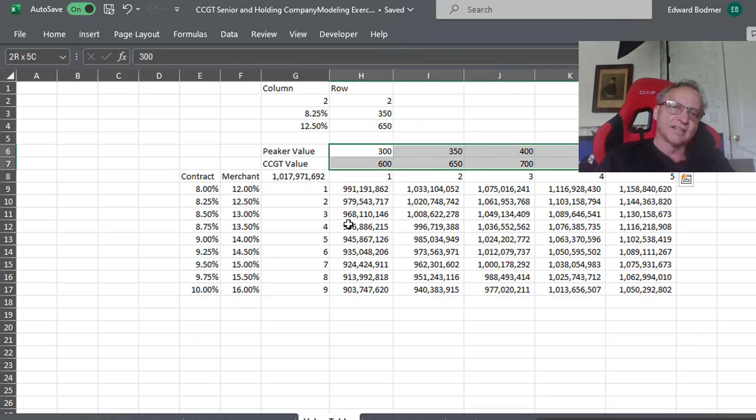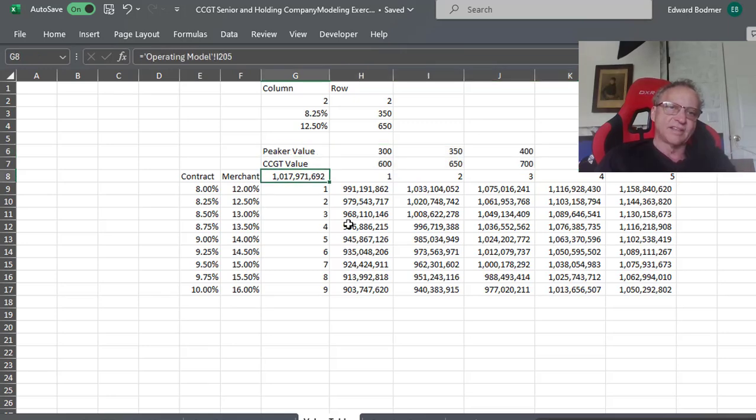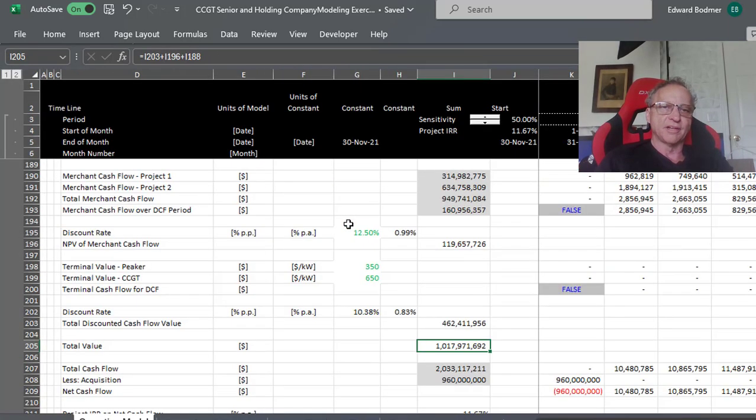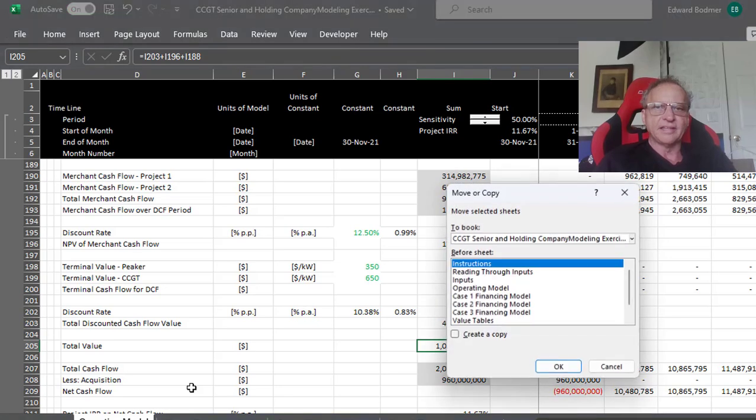And instead of making our normal kind of data table, which this value then comes from the operating model, I'm pressing this control and this key to get there, and then F5 to go back. That's really important that you're able to do that, by the way. So where's our total value here? Oops, I'm sorry. And this time Alt-MD.